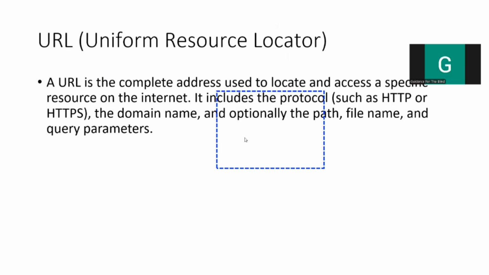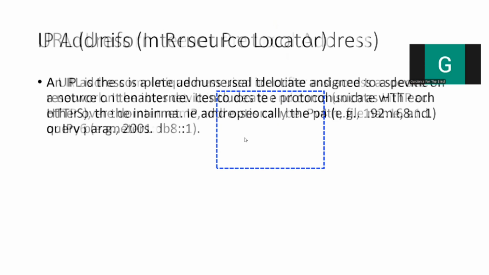So it is basically the address of any website, and you can specify where you want to go in the website. Obviously it's not easy for us to remember all links, but some basic ones we can remember. So this is the meaning of a URL, and that is the first thing that we do while searching for any website.